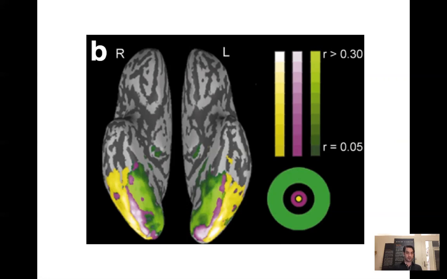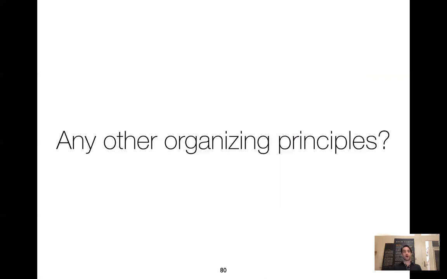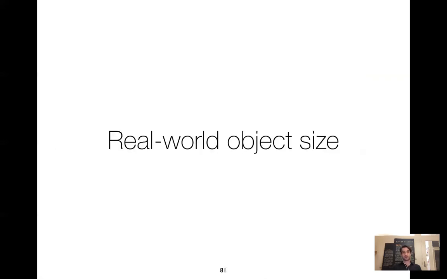Another reason why people think that it is not just raisins and oatmeal organization is the fact that there's also large-scale differences with the type of object that you're looking at. Sorry, my computer just froze for a second. So another organizing principle comes from the dimension that is known as real-world size.